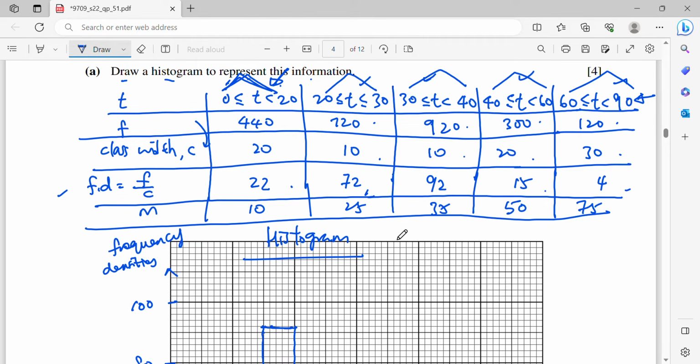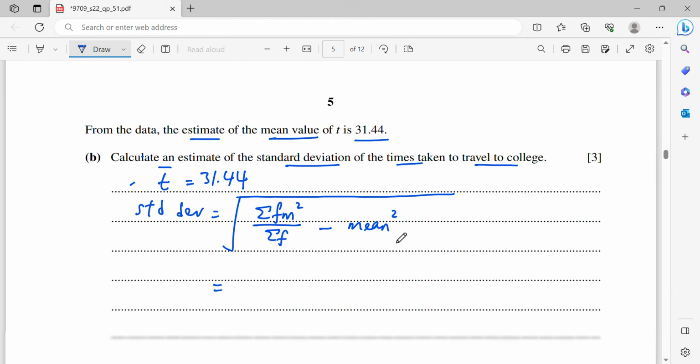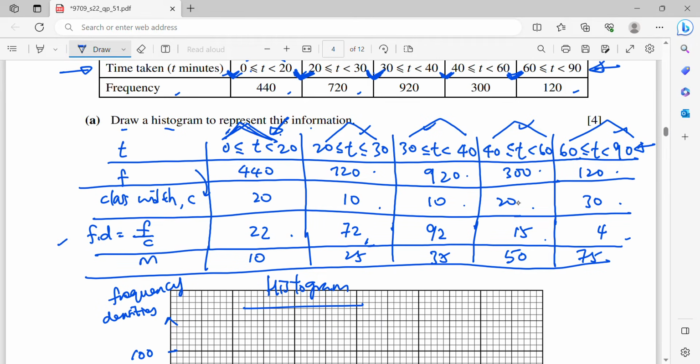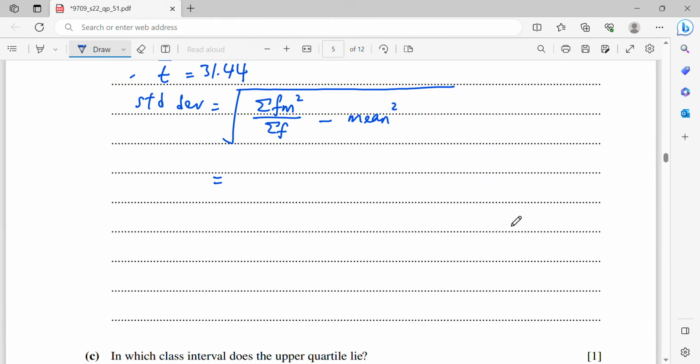So now, my calculation is summation fm squared. It means that all my f here, multiplied by its m, then you square the m. Alright, so the first value will be 440 times 10 squared. Then followed by 720 times 25 squared, and so on. Okay, so I will just write here.